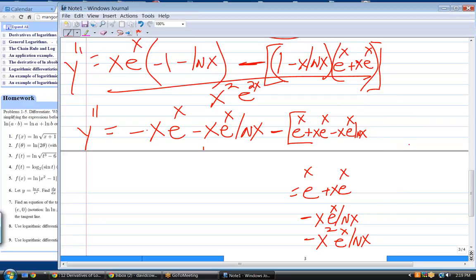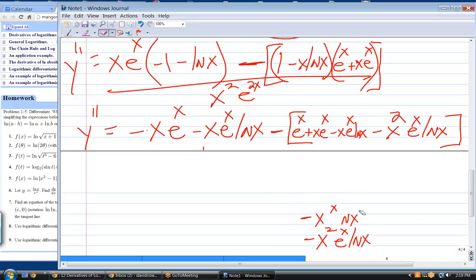Minus e to the x natural log of x minus x squared e to the x times natural log of x. All right. So that is our second derivative unsimplified.